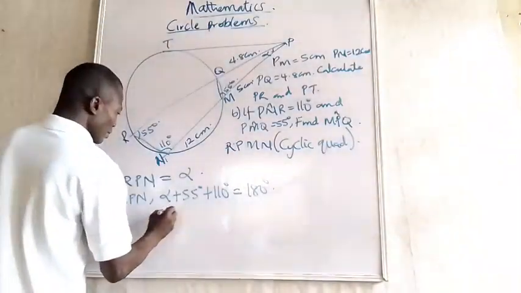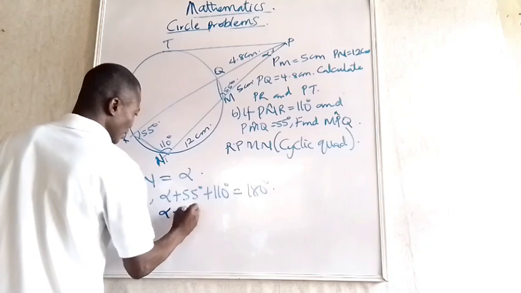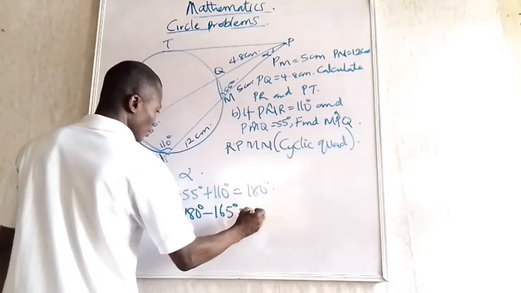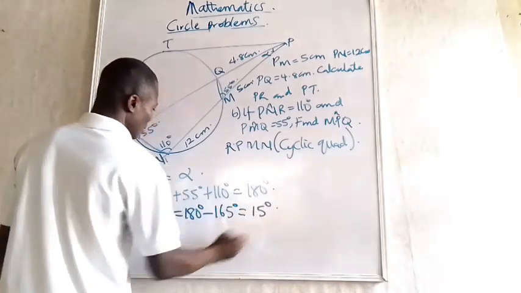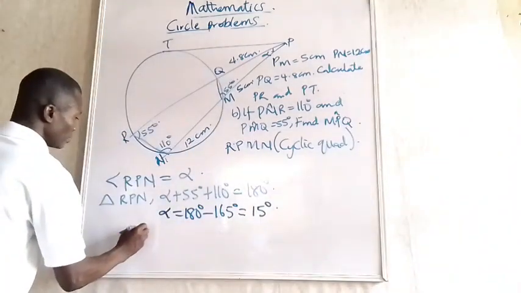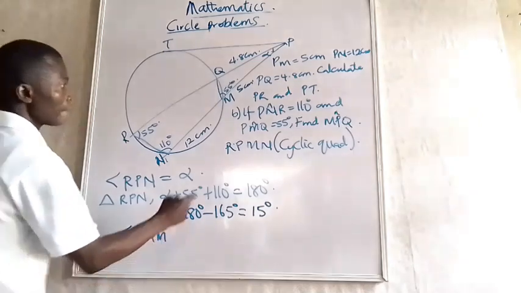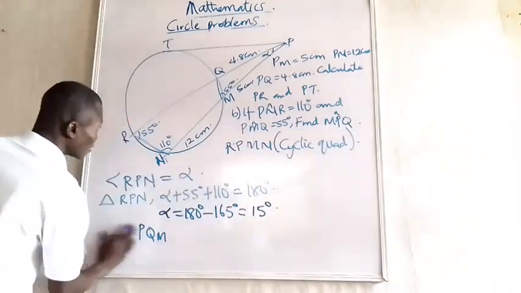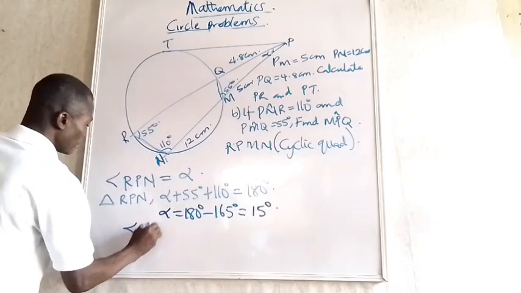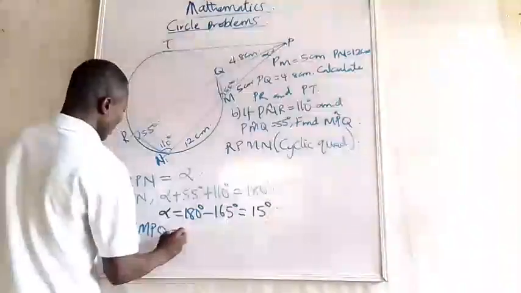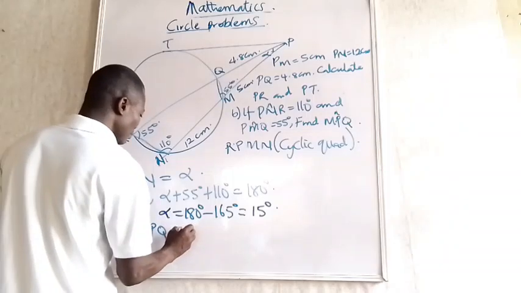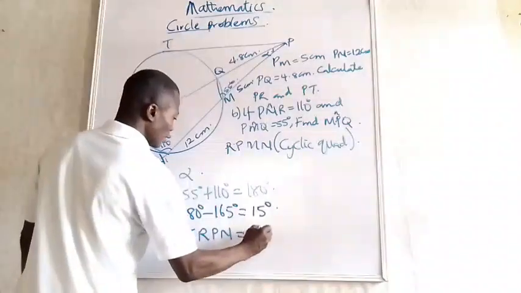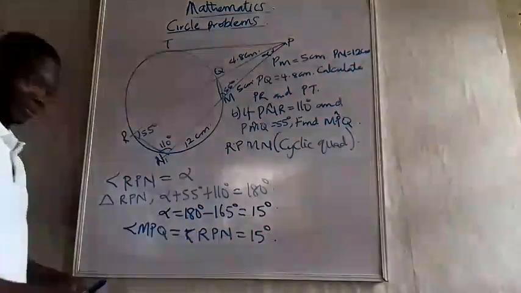So what does that imply? It means that alpha will be equal to 180 degrees minus 165 degrees, which is equal to 15 degrees. So angle MPQ is the same thing as angle RPN, which is 15 degrees. That was solved.